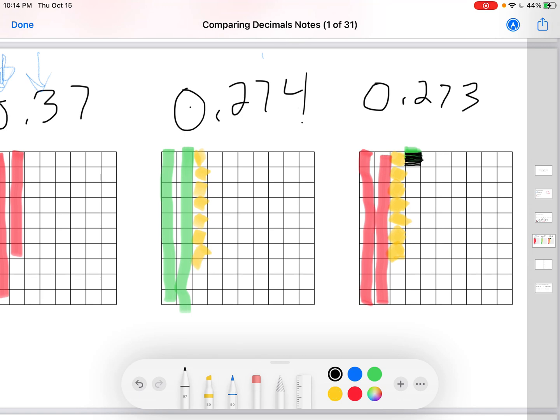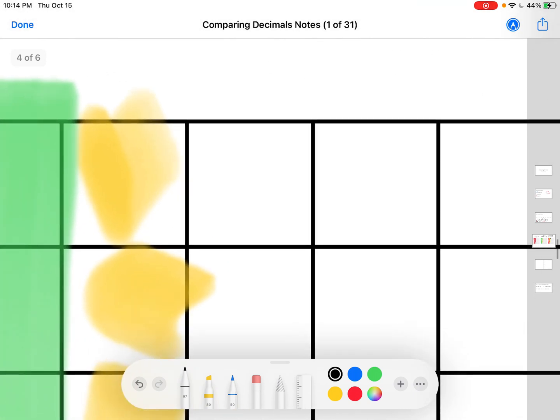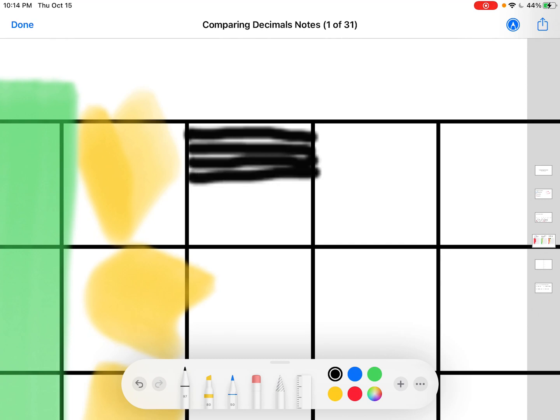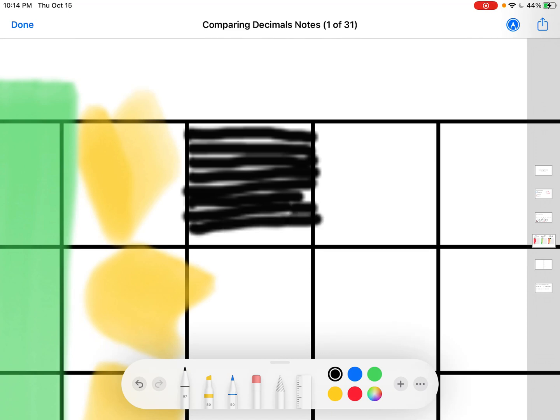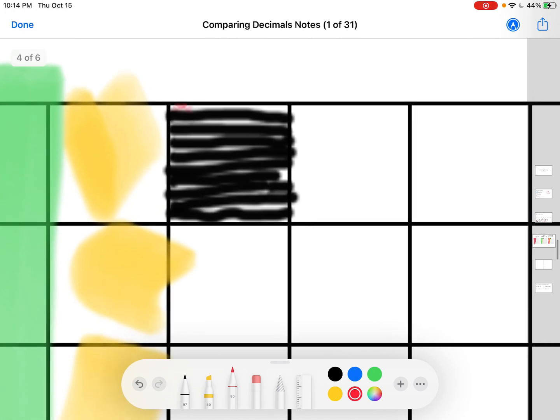And then I still have to carve in and make 4. I make 10 of them. Really teeny tiny. 5, 6, 7, 8, 9. And then I need to shade in only how many? 4 of them. 1, 2, 3, 4.